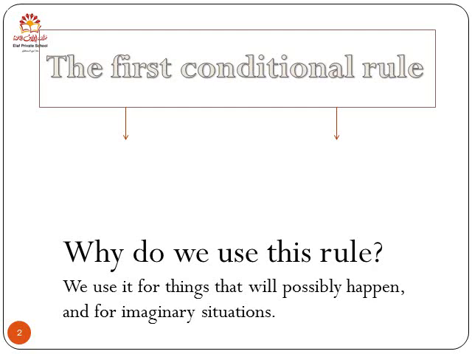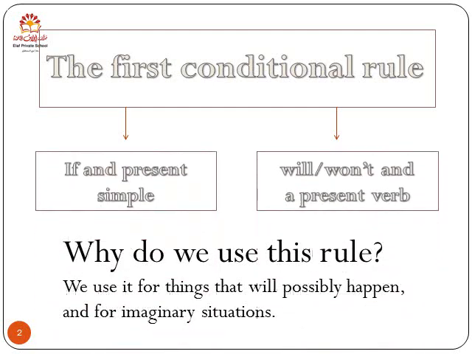Now, I need two parts. The first one is the if and present simple. I call this the if clause or the if sentence, and I need another part which is will or won't and a present verb.